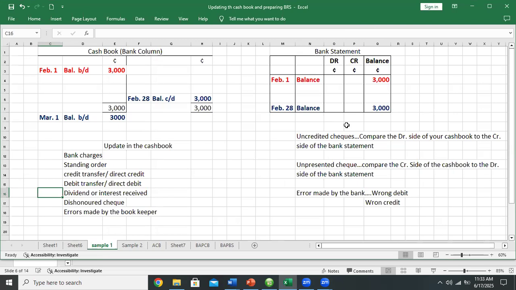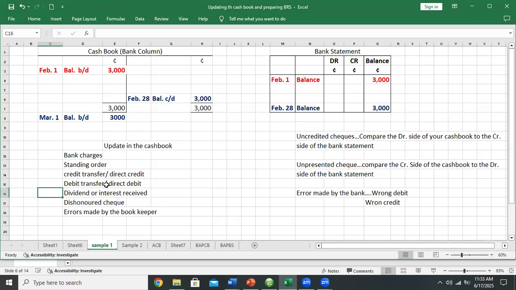Right. Okay. But let me say that in some textbooks, you see the 7 errors which are expected to be adjusted or updated in the cash book being done on the reconciliation statement. Technically, it shouldn't be the case because you can't do those things on your reconciliation statement, right?